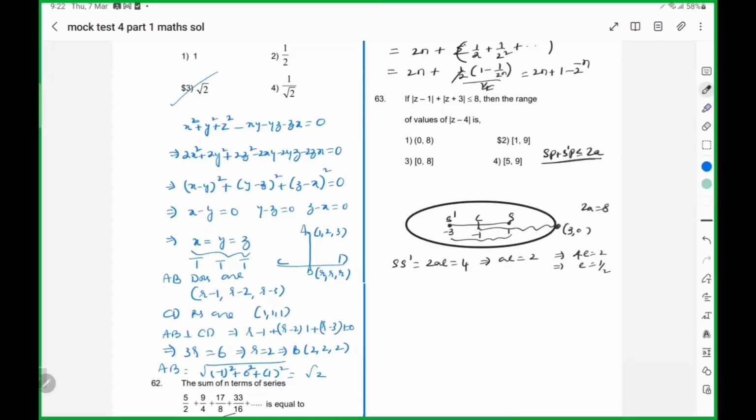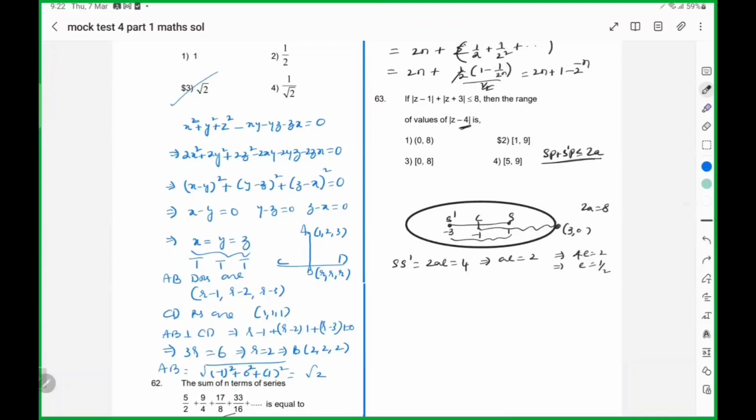So z you have to take within the ellipse. Where can we take it? If I take a z here, |z − 1| plus |z + 3|. So here he is asking for z to be inside the ellipse or on the ellipse.